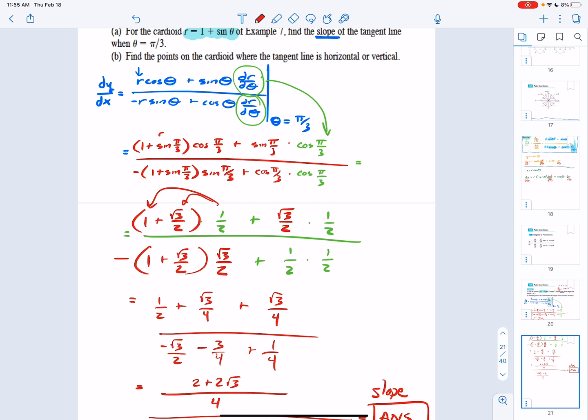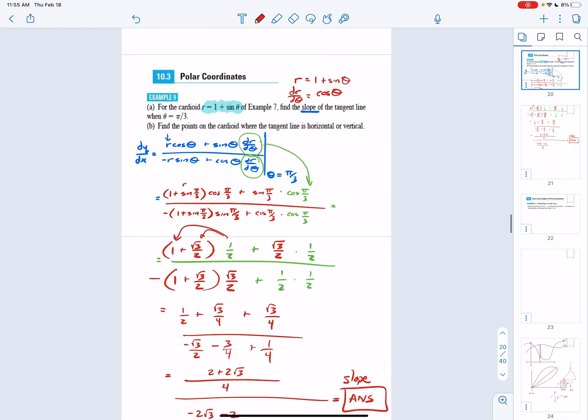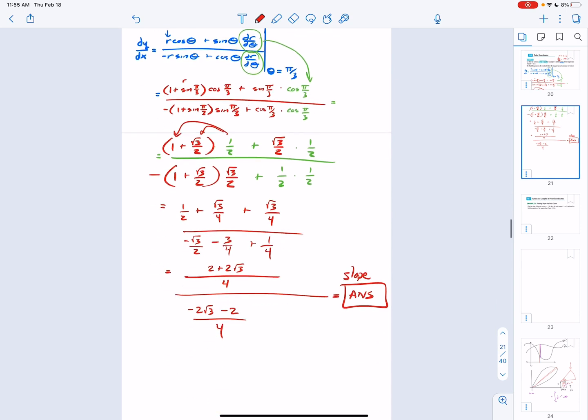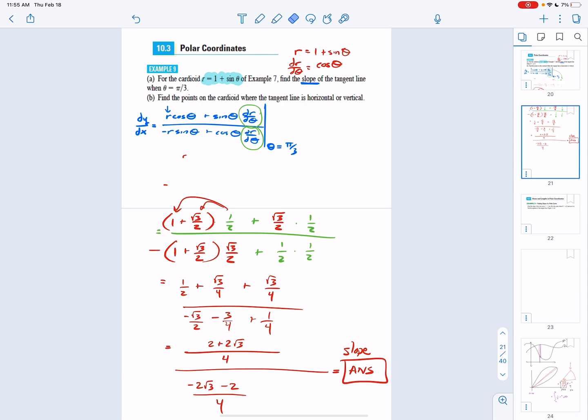Okay, so, wait, what am I missing? Find the slope of the tangent line. Okay, so here, just to end it, think about what we had at the very beginning, right?